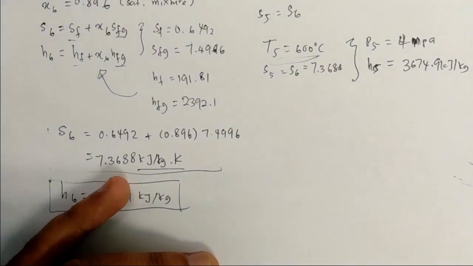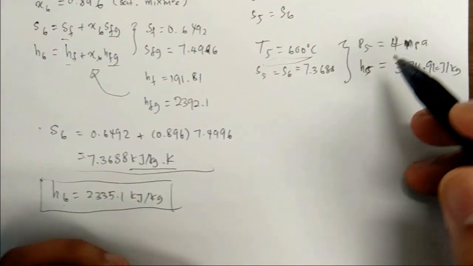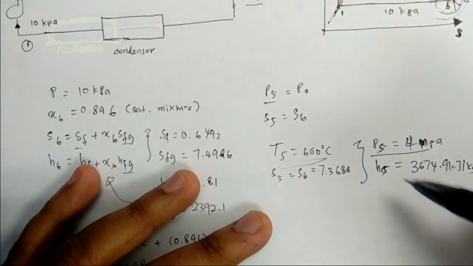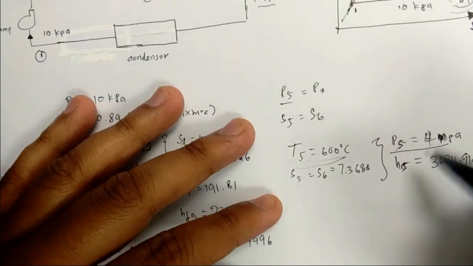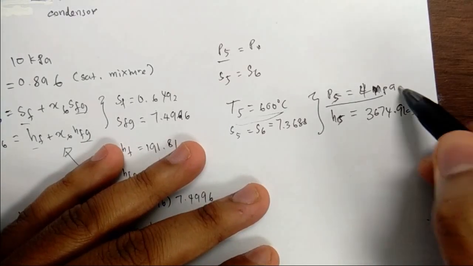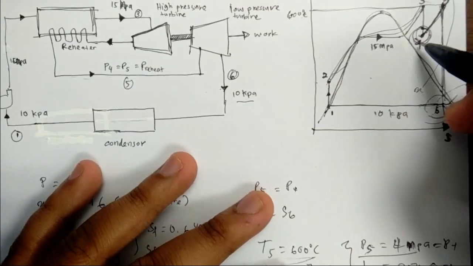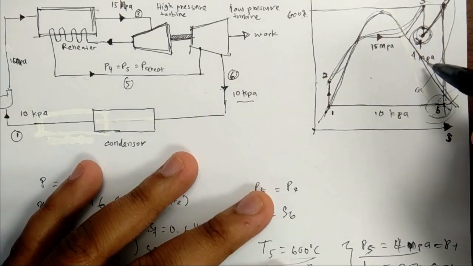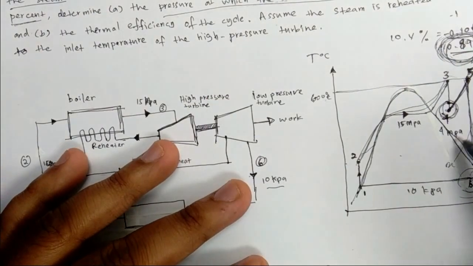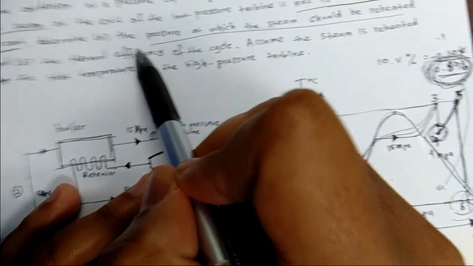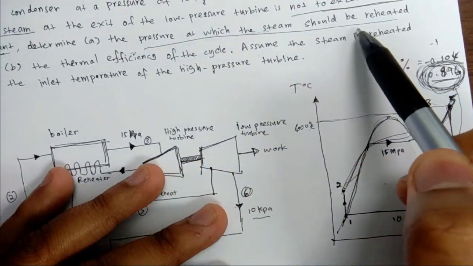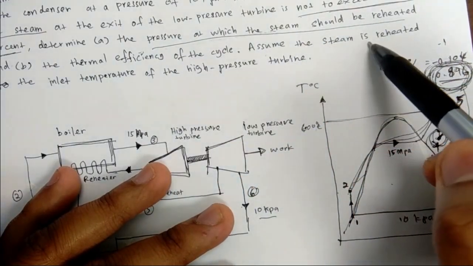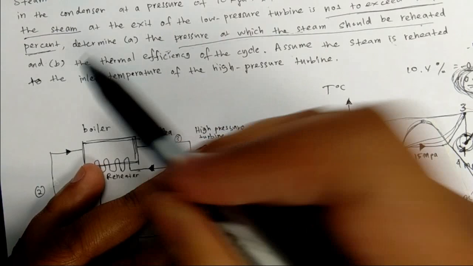So you already have your answer for question A. This P5 is equal to P4, so the pressure at 4 here is 4 megapascal, the pressure after the reheating process. So you have already answered question A, which asks you to find the pressure of steam after the reheating process.